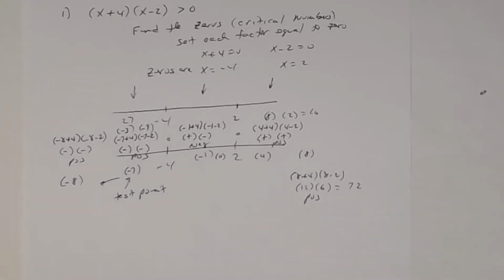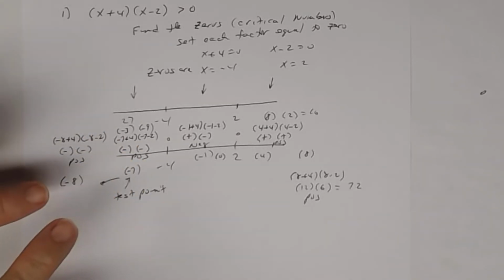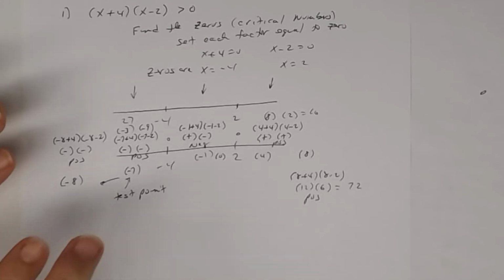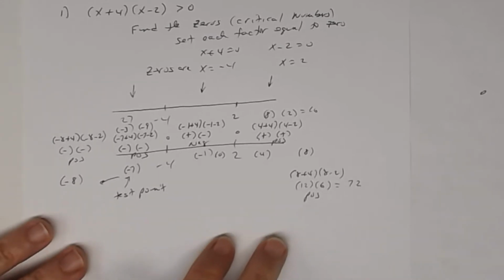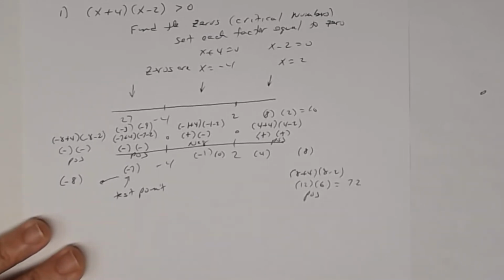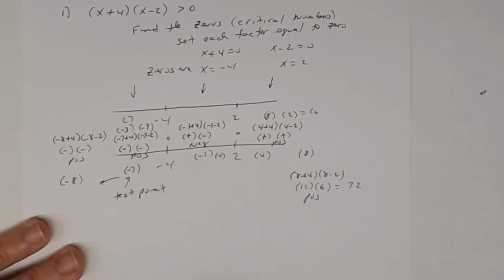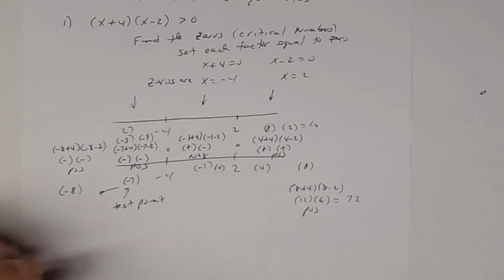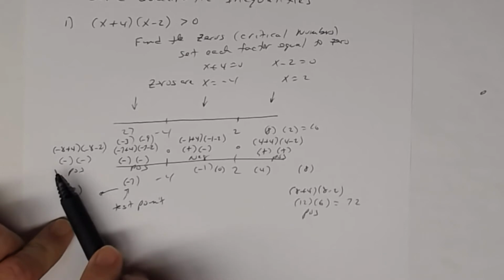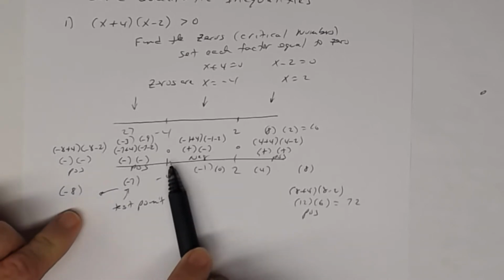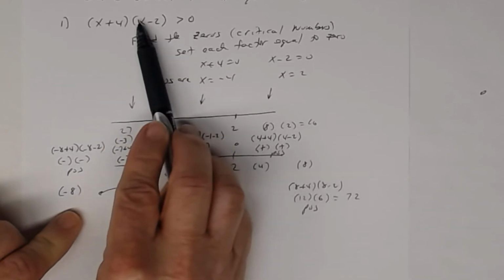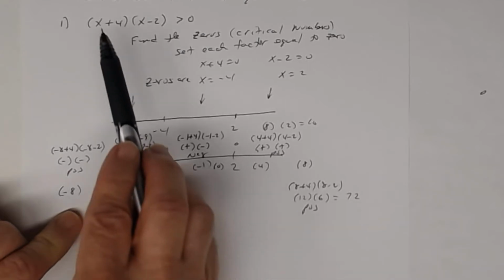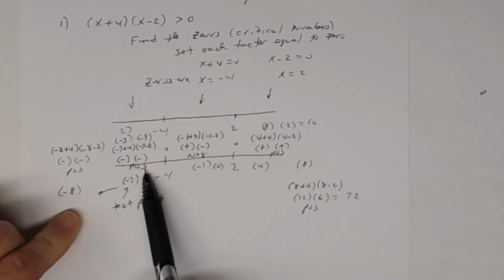All right, now, a lot of discussion based on this process. Now here's what I found. Listen carefully. Between negative infinity and -4, no matter what number I choose for x, this product is going to be positive.